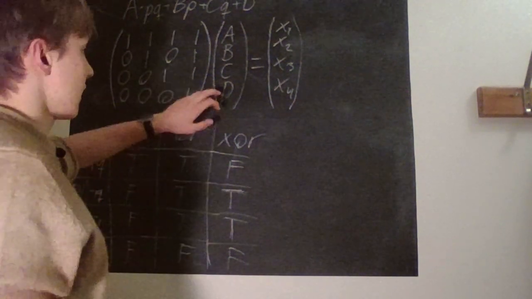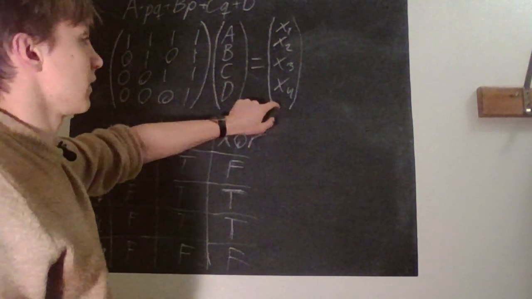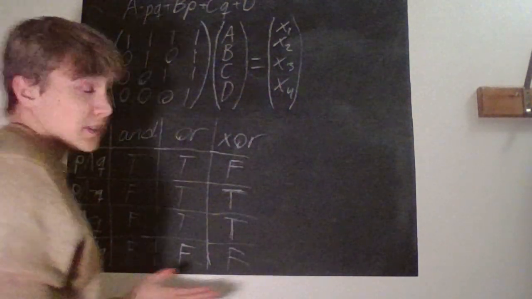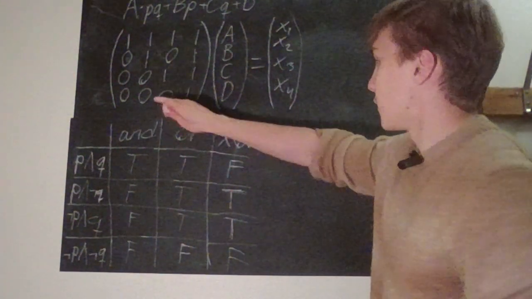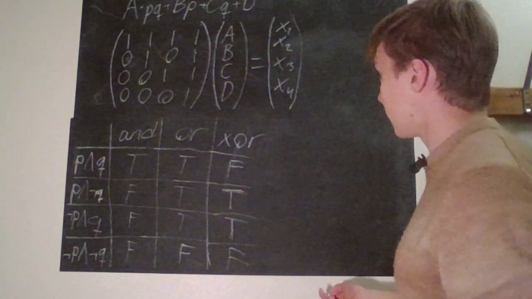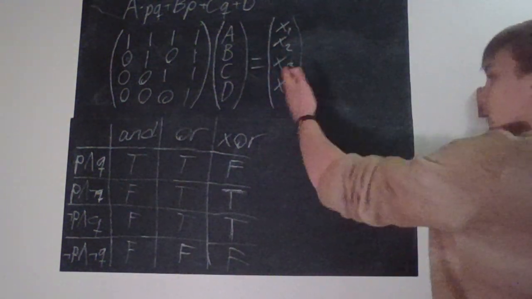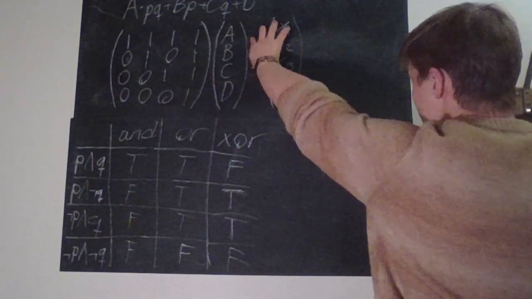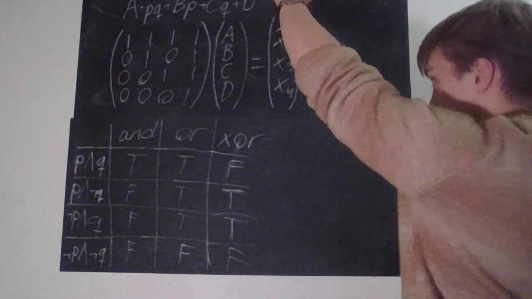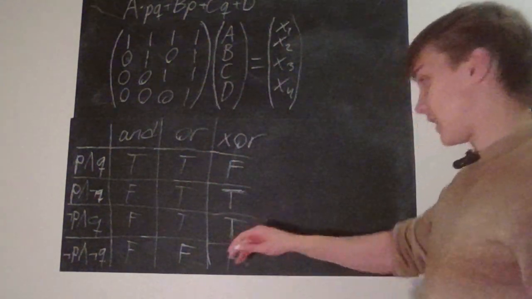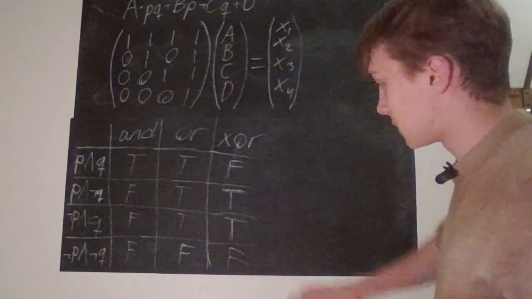So we want to find our a, b, c, and d for any given one of these. What does that mean? Well, that means we need to find the inverse of this matrix, and this matrix is actually invertible, meaning that for every possible combination here, we can create a logical function which satisfies whichever needs we want.